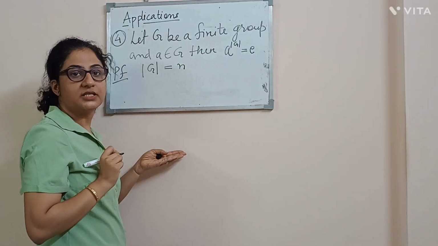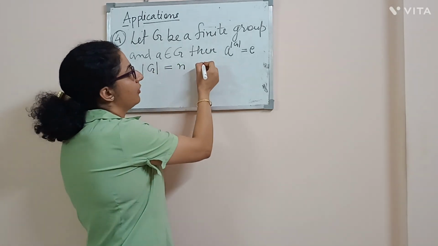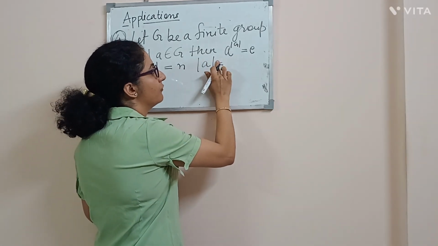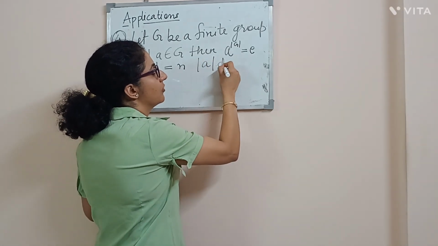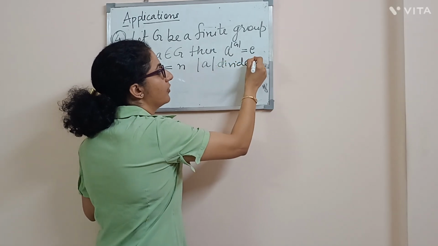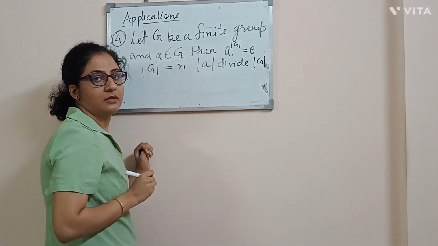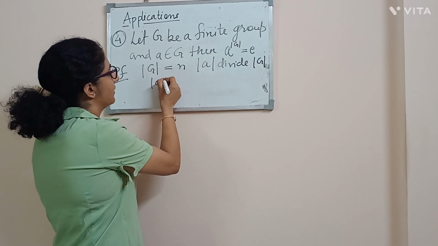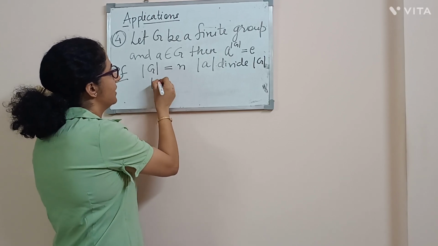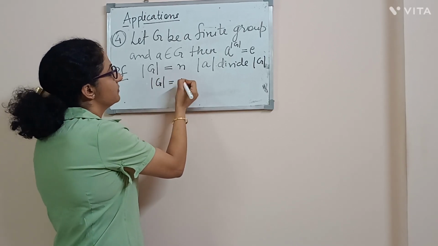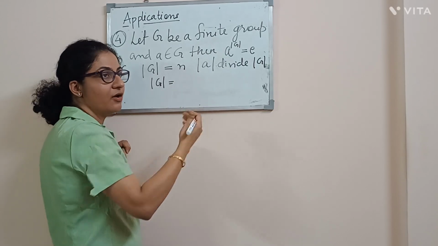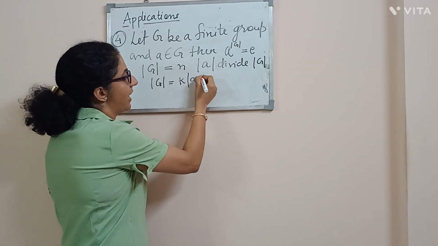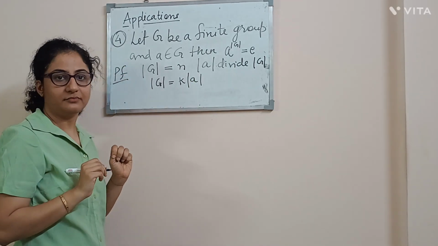And by the very first application, I know that order of A would divide order of G. It means order of G must be some multiple of order of A. So if I call it k, this is the thing.